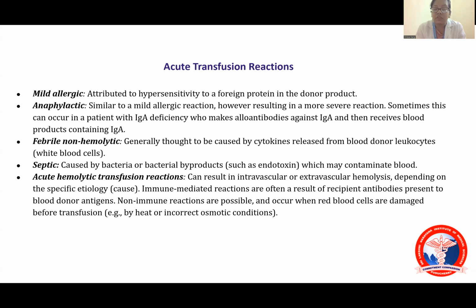They can result in intravascular or extravascular hemolysis, depending upon the specific etiology. Immune-mediated reactions are often the result of recipient antibodies which are present against the donor antigens. Non-immune reactions are also possible and can occur when red blood cells are damaged before transfusion, for example, by excessive heat or by incorrect osmotic conditions.